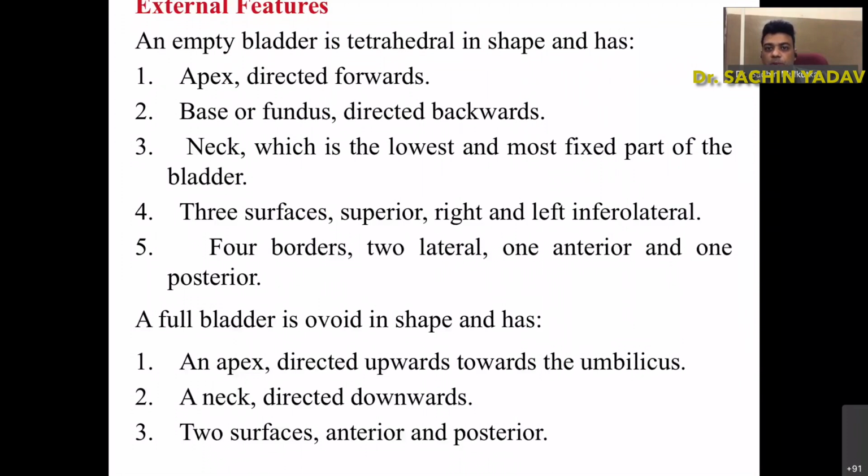It has the apex directed upward toward the umbilicus, the neck directed downward, and two surfaces, the anterior and posterior surface. The infralateral surfaces become a single surface, and the base, that is the posterior surface, and the superior surface become the posterior surface after the bladder is full.